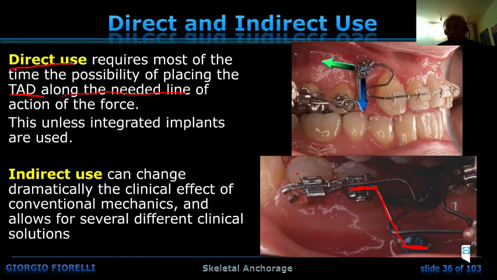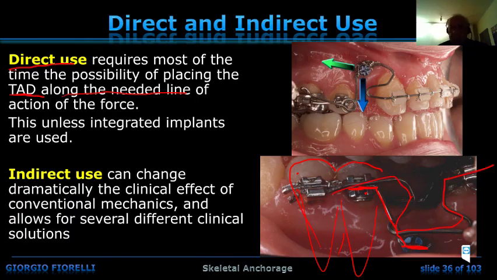Now what happens is that these teeth, because they are connected together, become my anchorage unit, and they are probably not going to move for no reason. So I can do whatever I want. I can use my usual mechanics, and here you see a T-loop for space closure, but I could use anything.